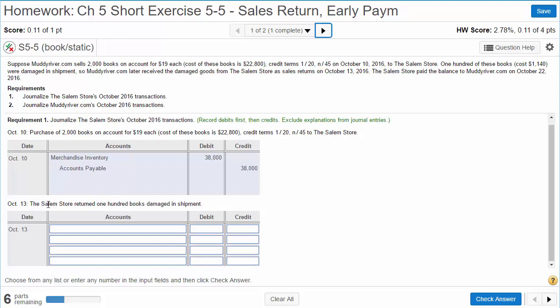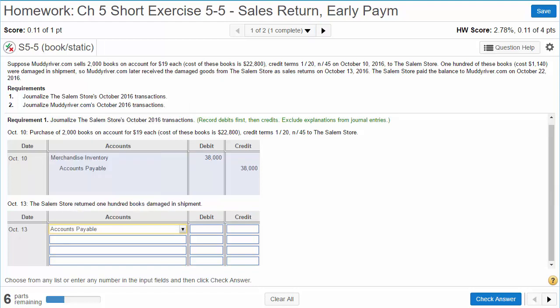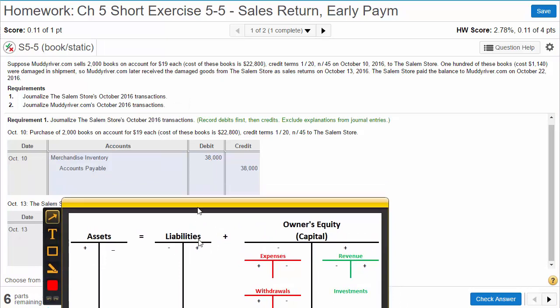3 days later, the Salem store, remember that's us, we are journalizing the Salem store's transactions. The Salem store returned 100 books damaged in shipment. So what we're going to do is we're going to reverse this purchase transaction. So AP is going to be going down. AP is a liability, so it's going down.